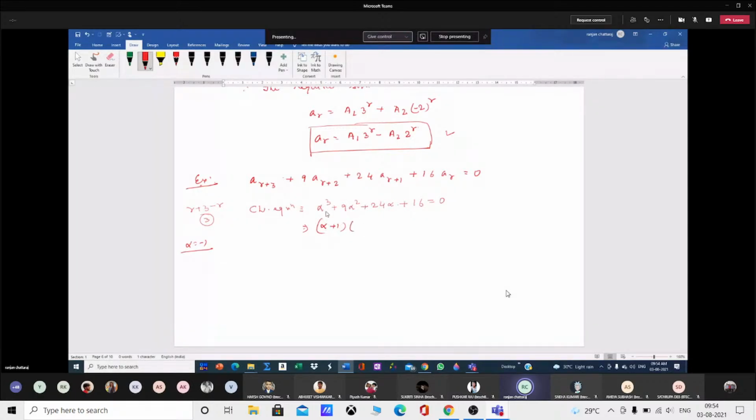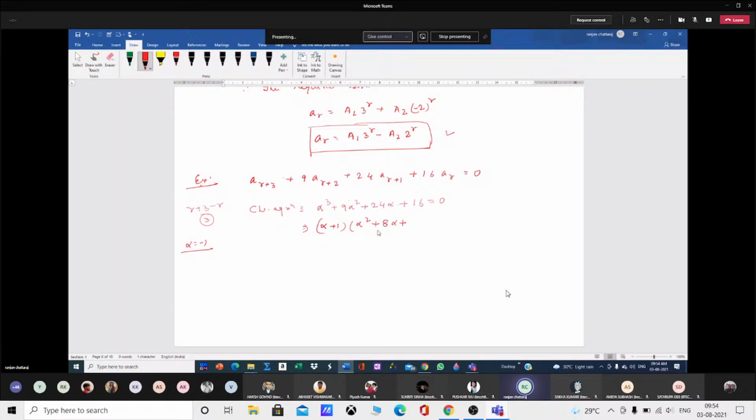So it is alpha cube, then alpha square. Now alpha square and this is 9, so we must have 8 alpha square and this is 1 plus 16. This is alpha cube plus 8 alpha square plus... now 24 alpha.